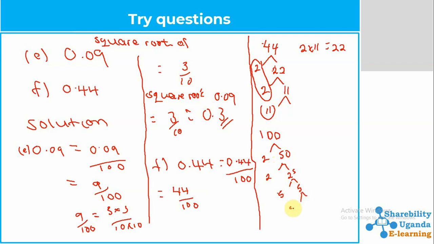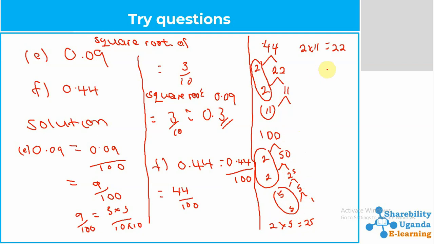Another factor we can use is a 5, then we get 1. So this simply means we have 2 pairs, and also here we have 2 pairs. So we shall now use our 2 times 5. 2 times 5 is going to be 10.